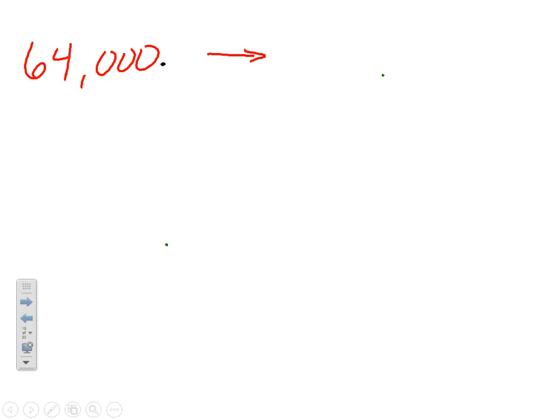I'm going to keep moving. 1, 2, 3, 4. My decimal now gives me 6.4. That's good. Now, how many times did I move my decimal? I moved it 1, 2, 3, 4. So I'm going to go 6.4 times 10 to the 4th.